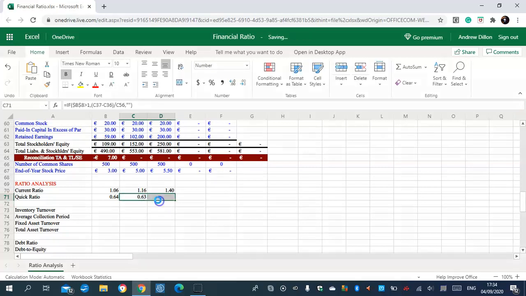That's very good. Right, let's move on and let's go and calculate the inventory turnover. Right, this requires an if statement once again.